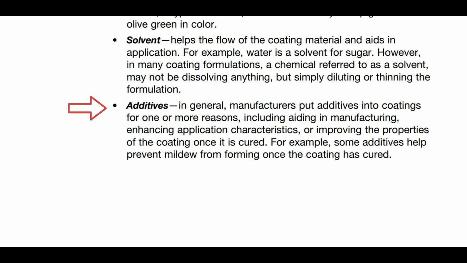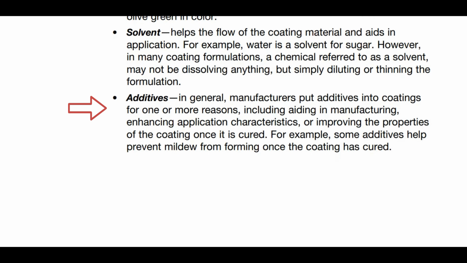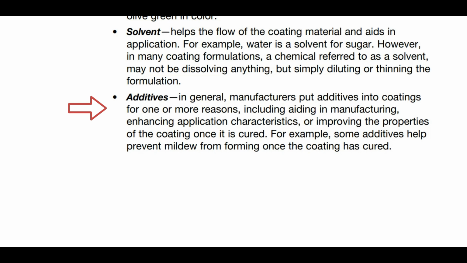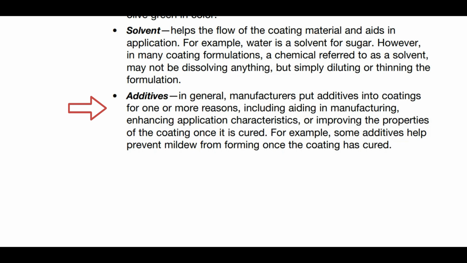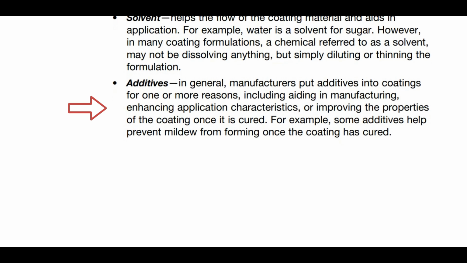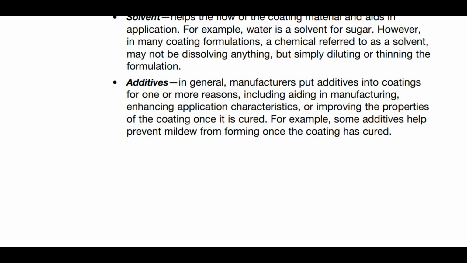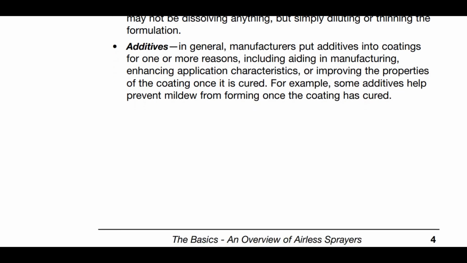Additives: in general, manufacturers put additives into coatings for one or more reasons, including aiding in manufacturing, enhancing the application characteristics, or improving the properties of the coating once it is cured. For example, some additives help prevent mildew from forming once the coating has cured.